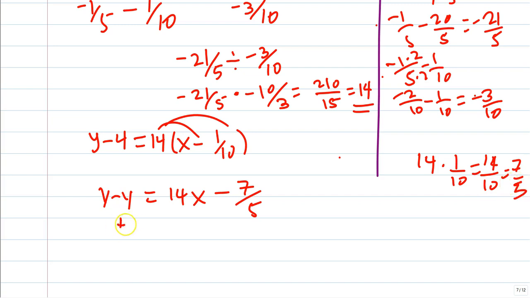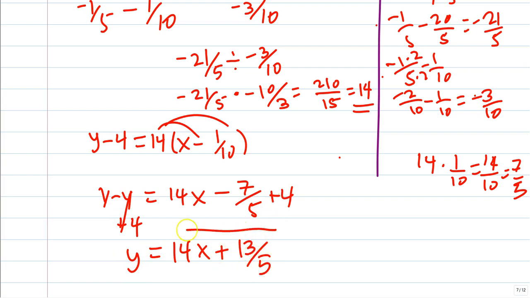And last but not least, when we add the 4, we get that y is equal to 14x plus 13/5. Ugh. This would not be something I would test you on, but this is something you should be able to do, either with your technology or by hand on the homework.